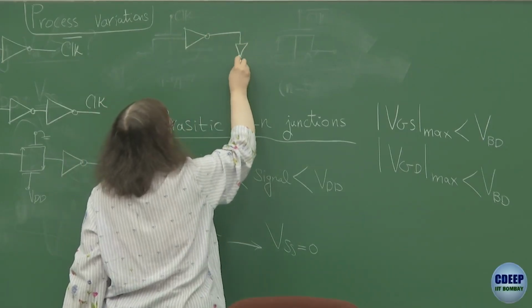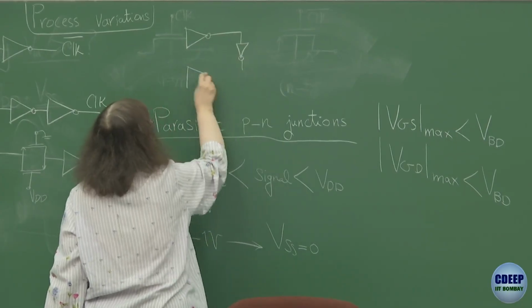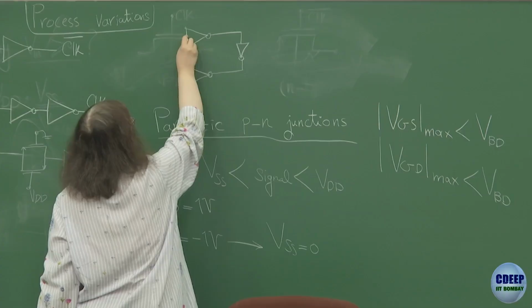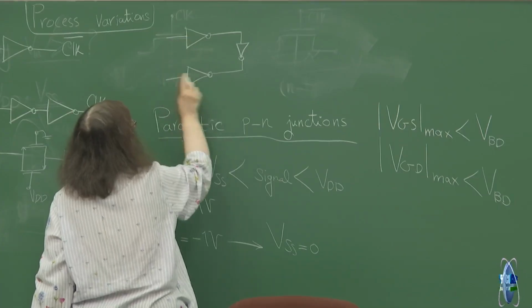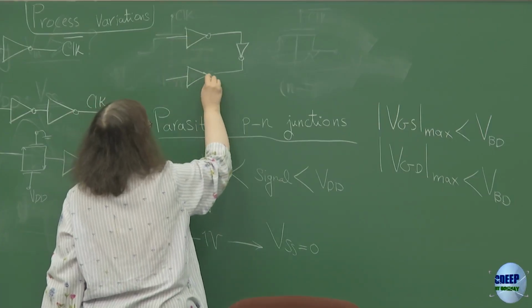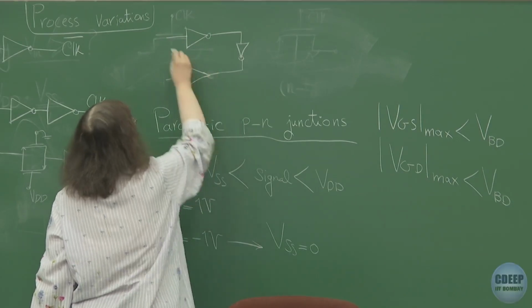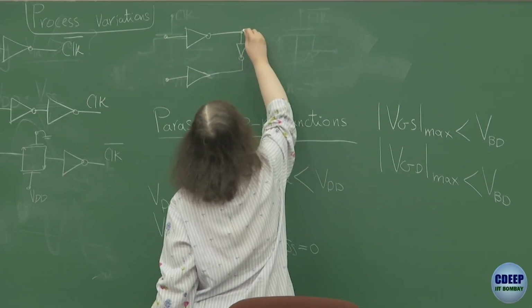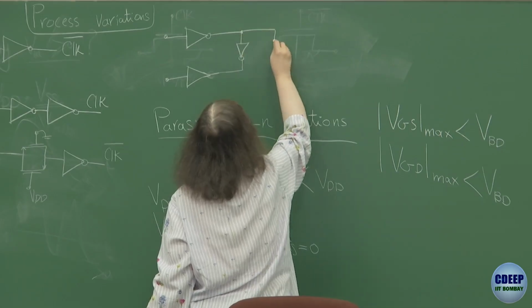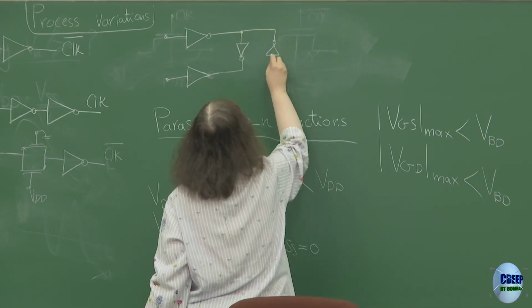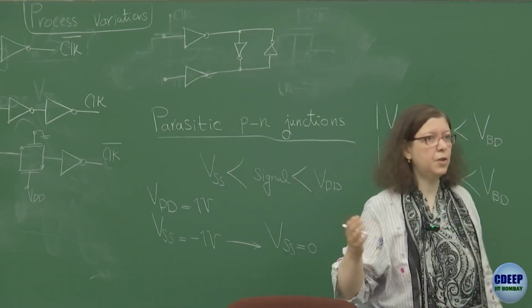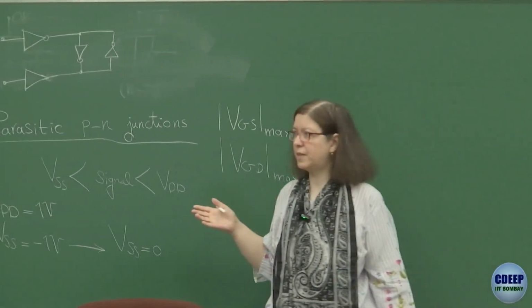suppose you have this. And one of them is actually a buffer only, because one is clock, one is clock bar. So what you are doing is loading each inverter or buffer.